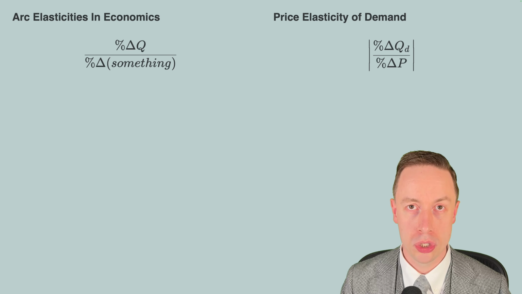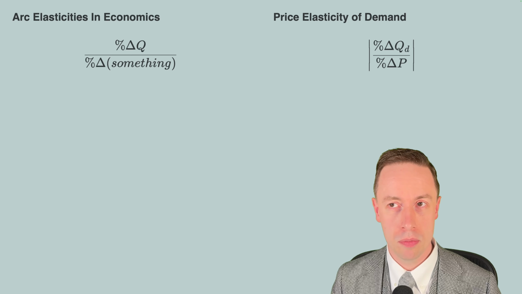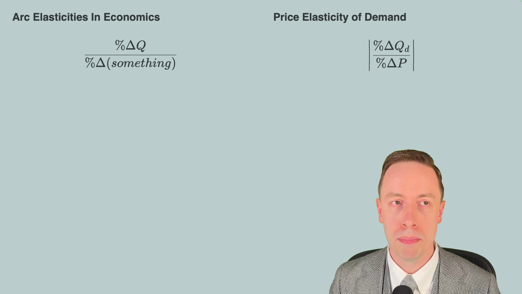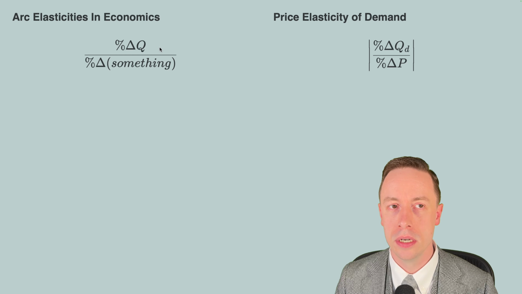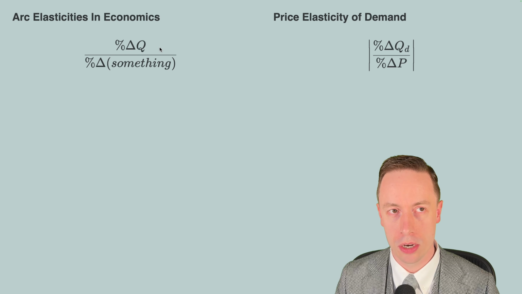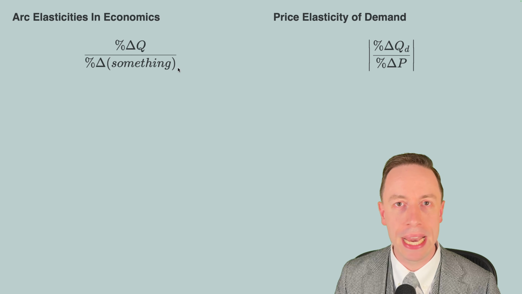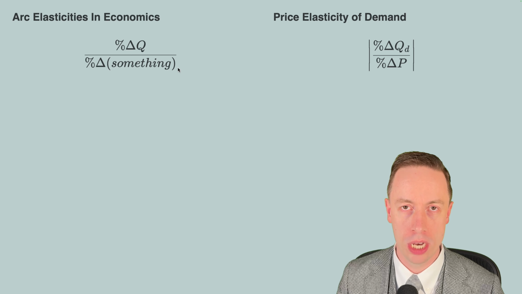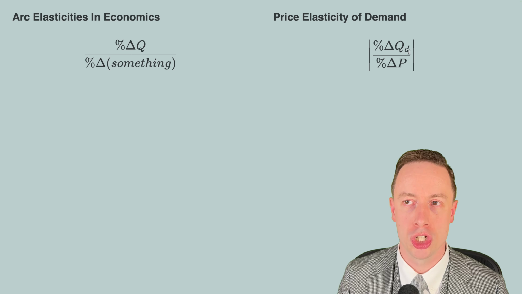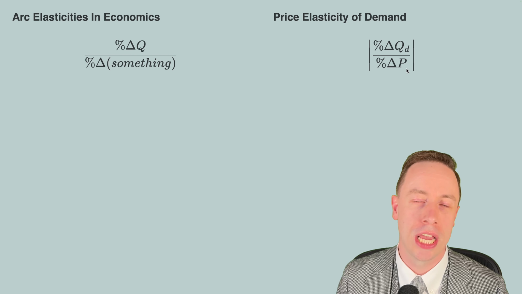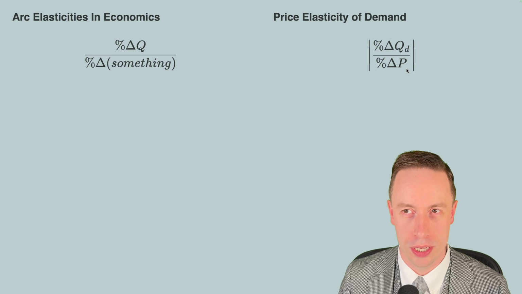But at least for our purposes, and really quite generally in economics, anytime we do this, we're putting the percentage change in quantity in the numerator. And then we're saying, okay, how does a quantity respond to something else changing? So the price elasticity of demand, what we're talking about here is, we want to measure how much quantity demanded changes when there is a change in the price of the product.